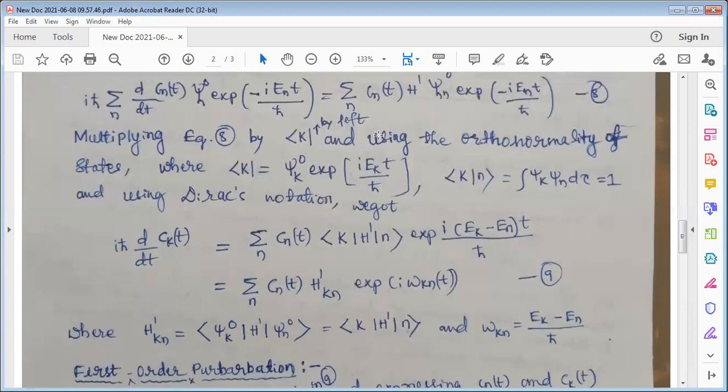And on this side, this quantity is multiplied. Psi k of 0 exponential of plus i E k t upon h cross is multiplied here from the left.